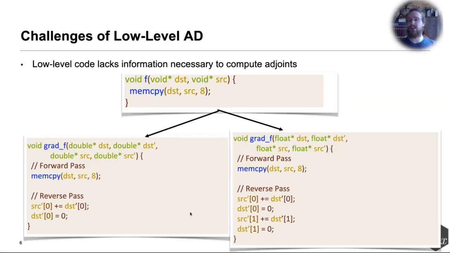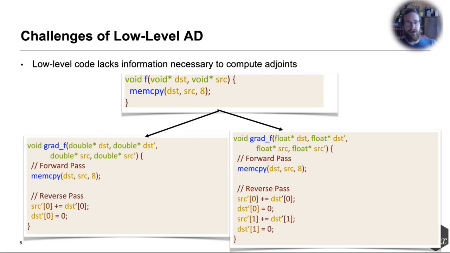And this leads us to one of the main challenges of Enzyme. We are going to do auto-differentiation not over high-level Julia code or the Julia IR, but we are going to do auto-differentiation over the LLVM IR. And quite a bit of information has been erased by the optimizer and the compiler at that point.